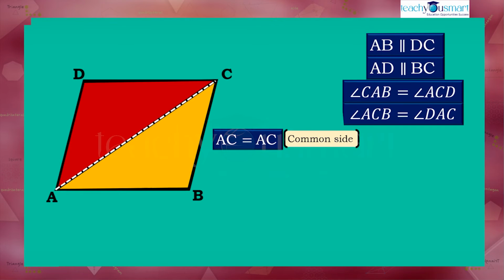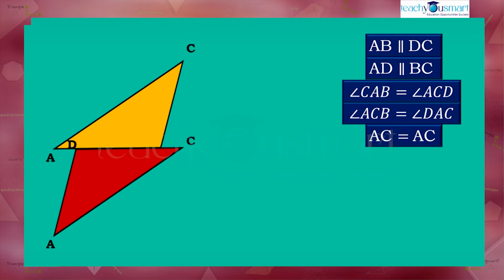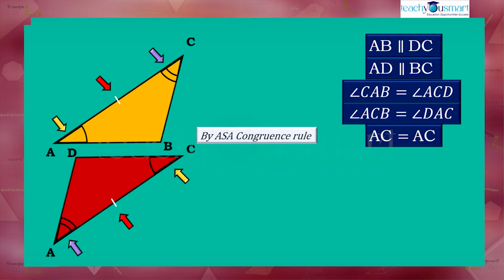AC is a common side for both triangles, triangle ABC and triangle CDA. So in triangle ABC and triangle CDA, two pairs of angles and included sides are equal. Therefore, by the ASA congruence rule, triangle ABC is congruent to triangle CDA.